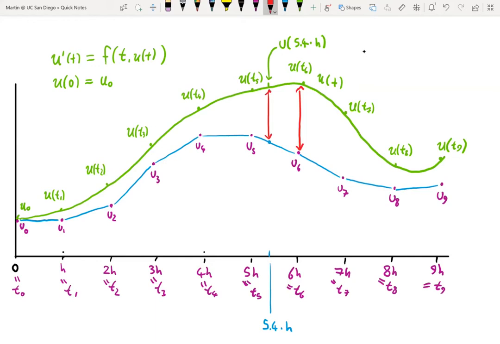If we take this blue line as an approximation for this entire function u, then the very nice consequence is that we can use the same formula for the error at the discrete time steps and the times in between. Using the formalism of the second error estimate, for example, we can write 5.4h as t5 + tau, where tau = 0.4h.